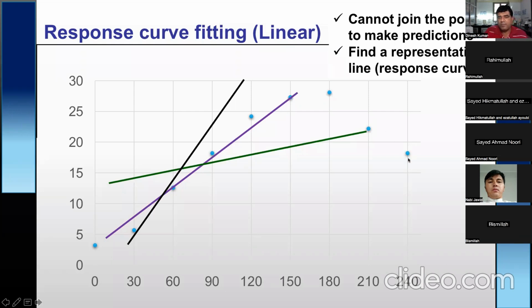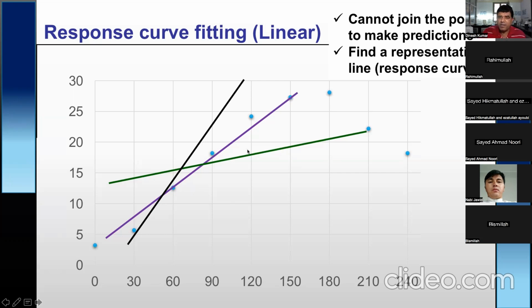There may be 9 data points. So now we cannot join these points by hand, because we do not know what has happened from 30 to 60. We have no legal authority to join these points by a line. We cannot join them. So what can we do?